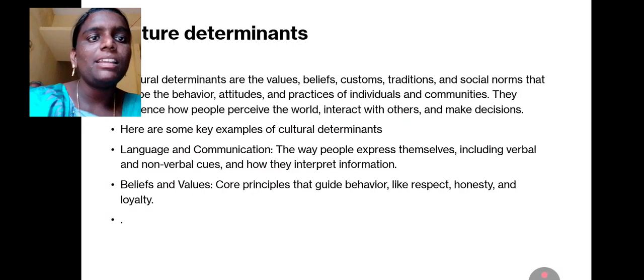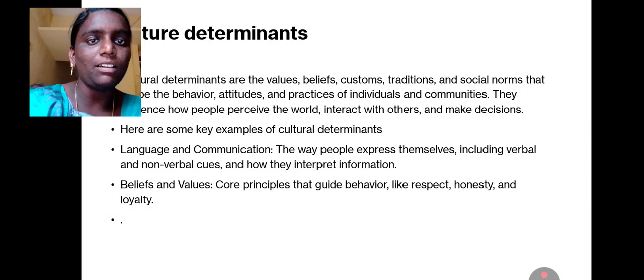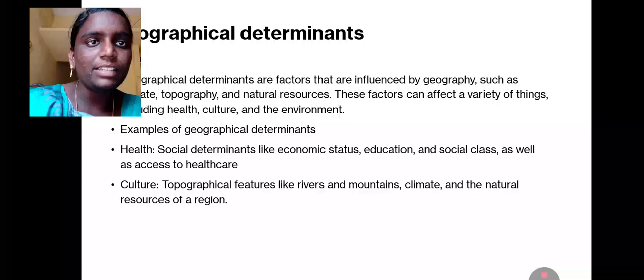Some examples: culture determines language and communication, the way people express themselves, including verbal and non-verbal cues. Beliefs and values are the core principles that guide behavior, such as respect, honesty, and loyalty.